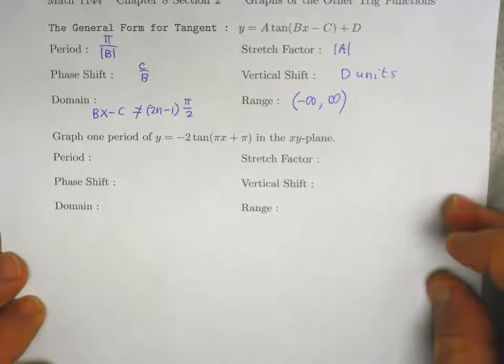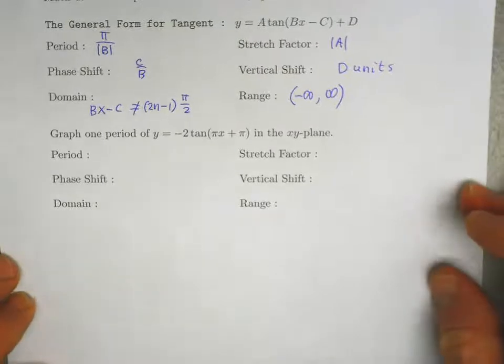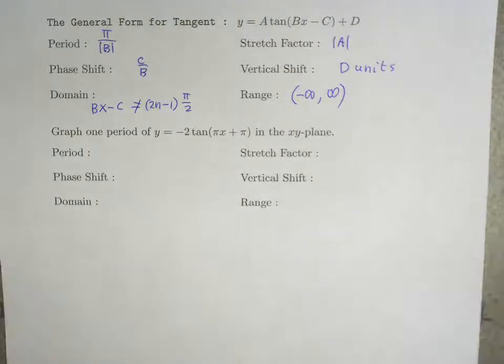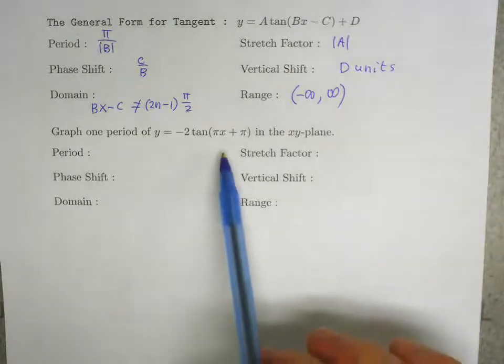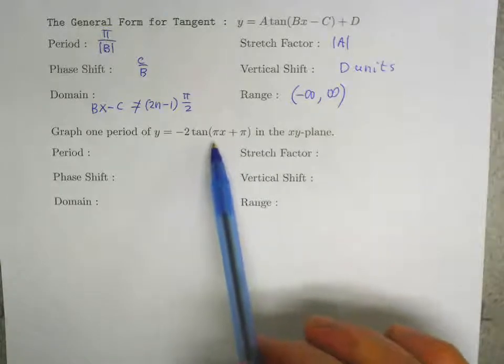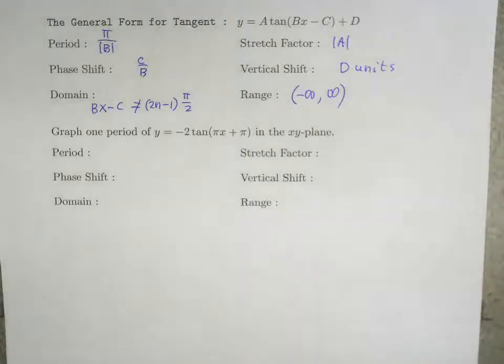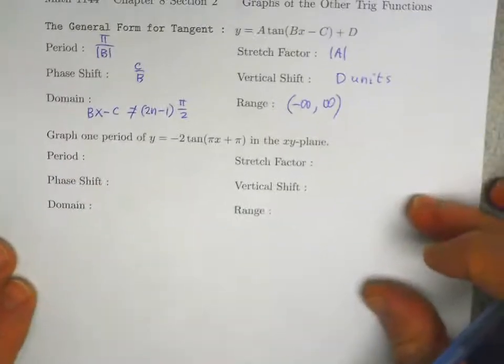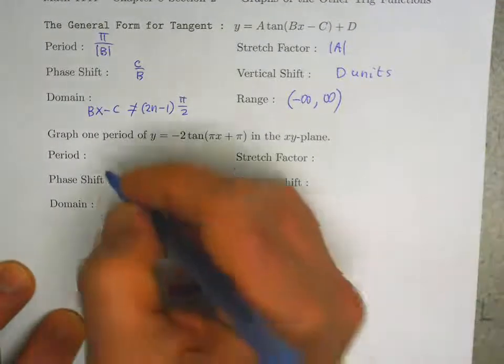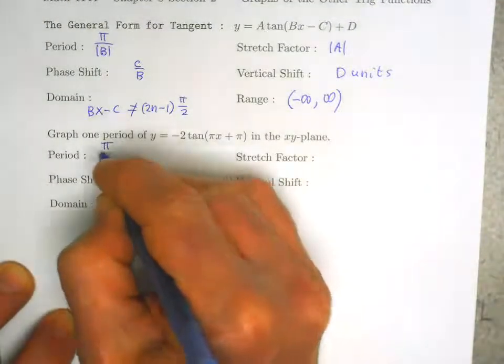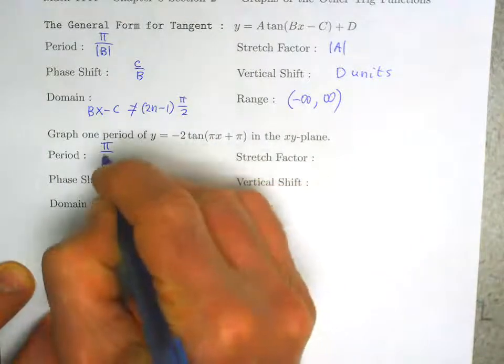Okay, so in this function, y equals -2 times tangent of pi times x plus pi, the period is pi divided by the coefficient of x, pi.